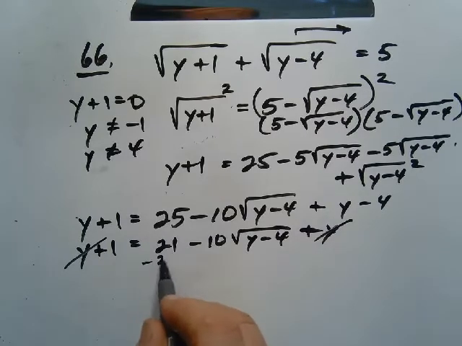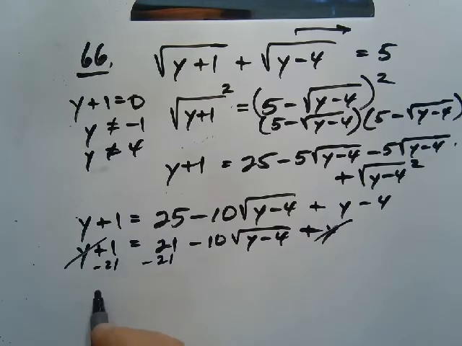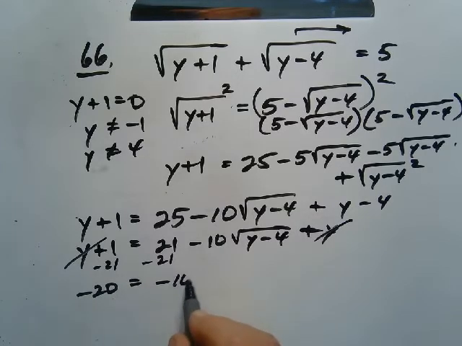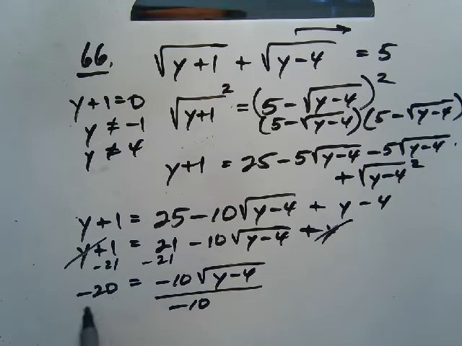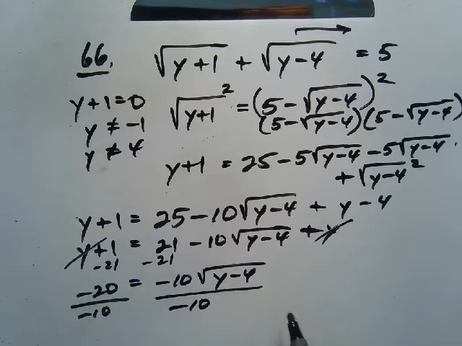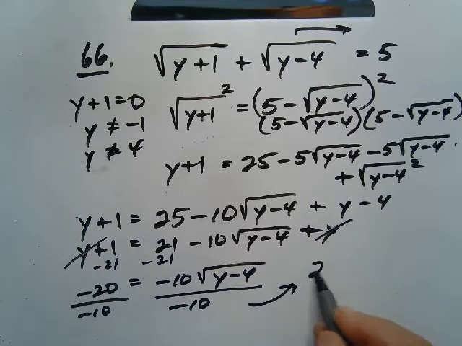And I'm going to subtract 21 from both sides here and end up with a negative 20 equals negative 10 root y minus 4. Oh, it's simplifying pretty good now. And if I divide both sides by a negative 10, I will get this radical alone. What do we get?